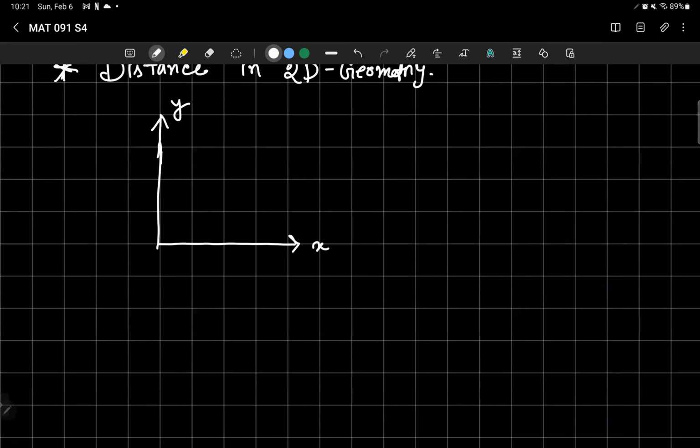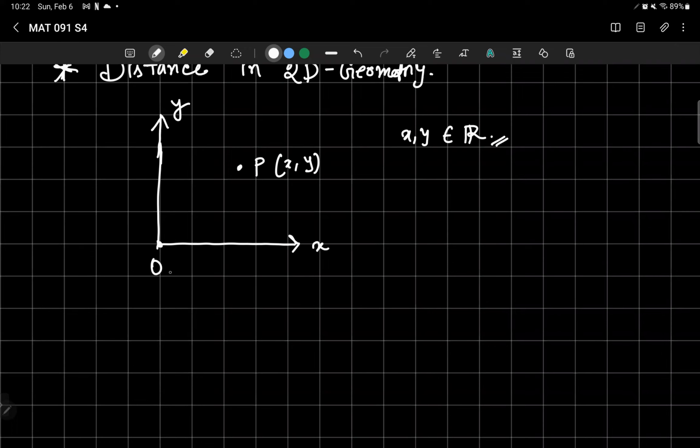Okay, so let's say I have a point P, and this point is labeled by two numbers. One is X, one is Y, and both X and Y belong to the real numbers. And this O represents the origin, which is labeled by 0 and 0.